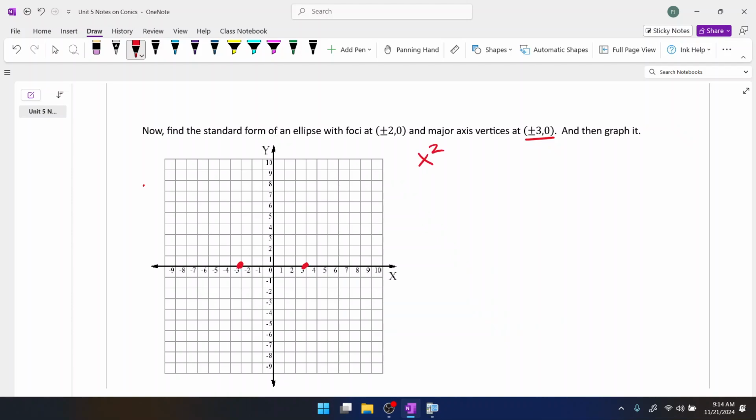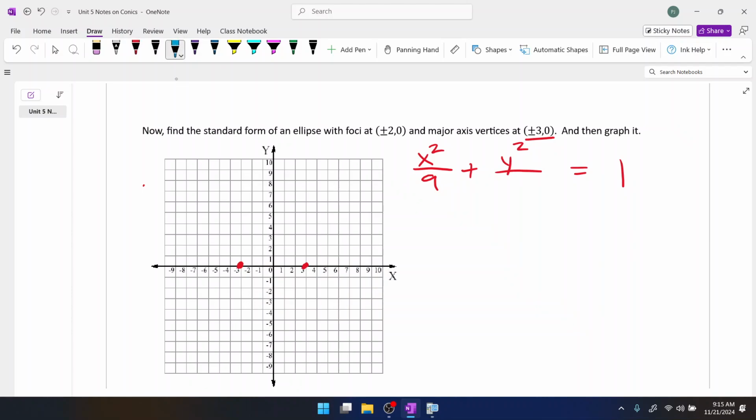We know the equation is going to start off with x squared over what? It's going to be x squared over 9. Very good. And it'll be plus y squared over something, and that'll equal 1.